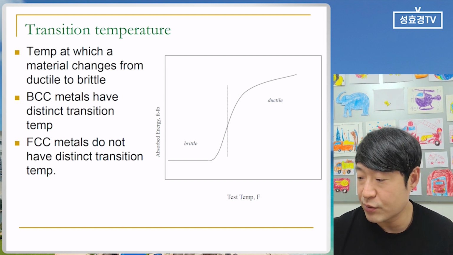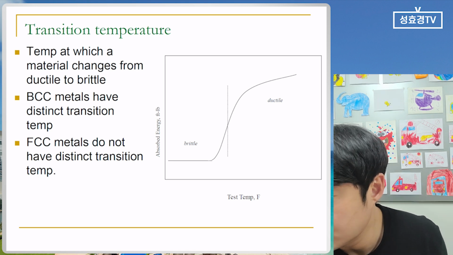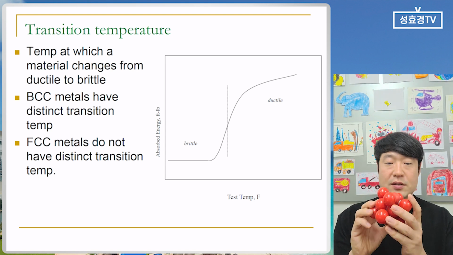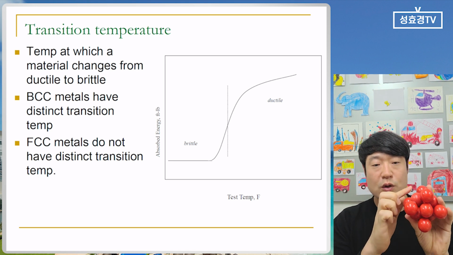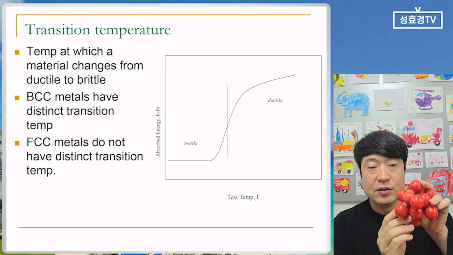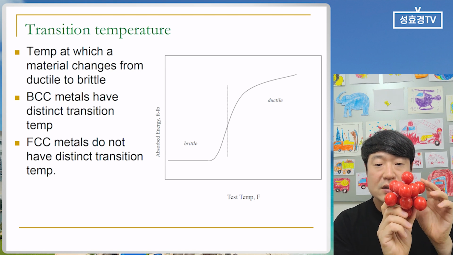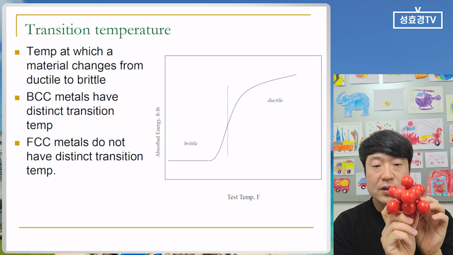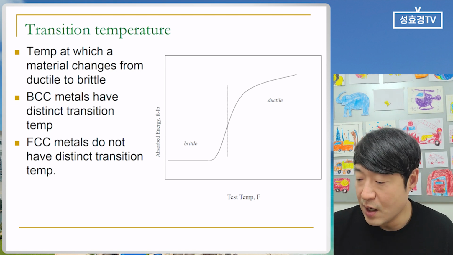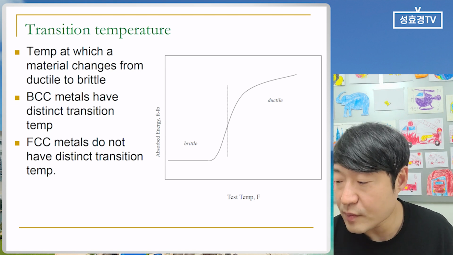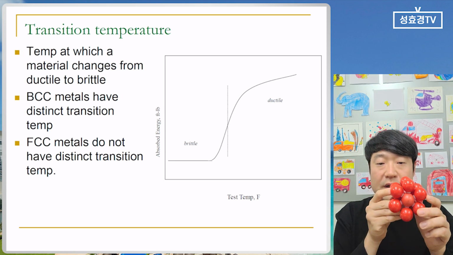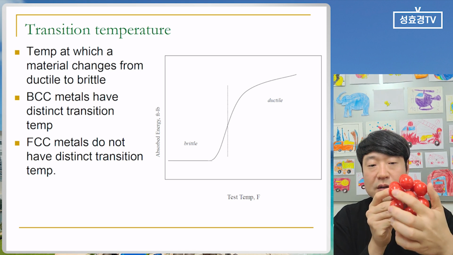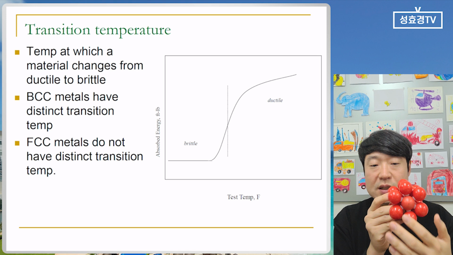So I have examples like that. In the FCC case, there is a 111 plane. I can show you. The 111 plane is a close-packed plane, so it is very good for slip. And in the HCP case, they have the 0001, the close-packed plane. So this is, we can say, the basal plane.